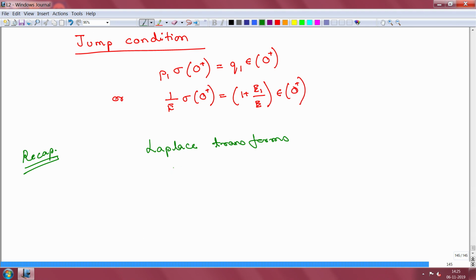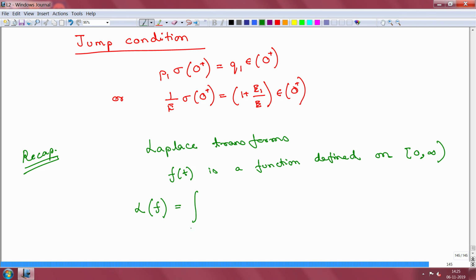Let us say f(t) is a function defined on 0 to infinity. Then Laplace transform is usually denoted as L of f, and is given by this particular integral, 0 to infinity e to the power minus st f(t) dt.